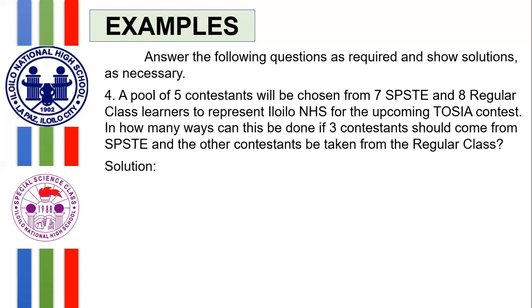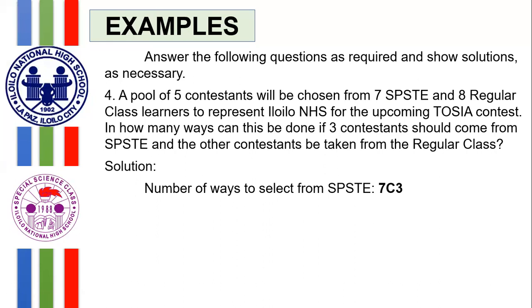So from here, you have 7 SPSTE and 3 of them should be taken from these 7. Then the number of ways to select the 3 from SPSTE is 7 combination 3, or 7C3, because we have 7 SPSTE and you will be getting 3 at a time.